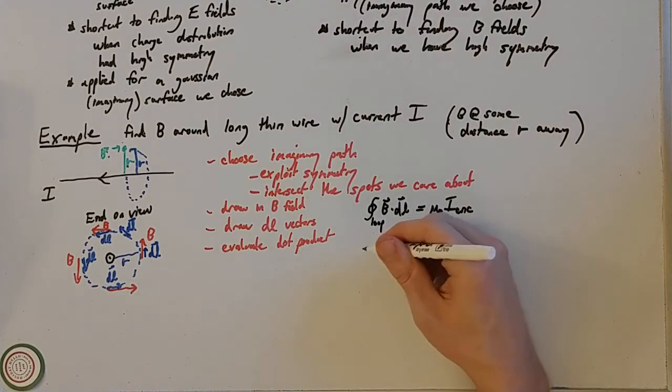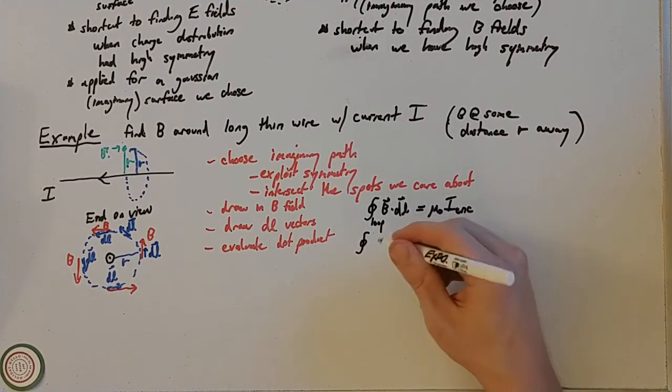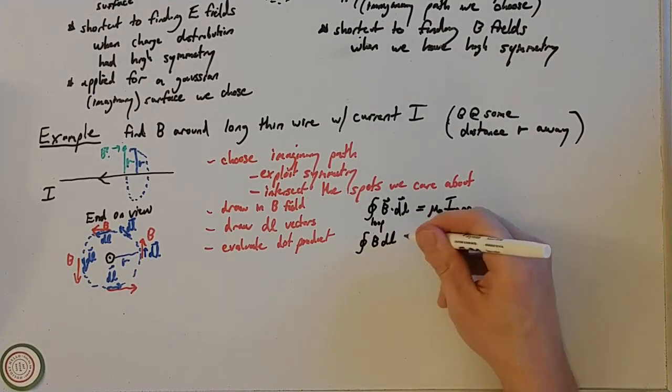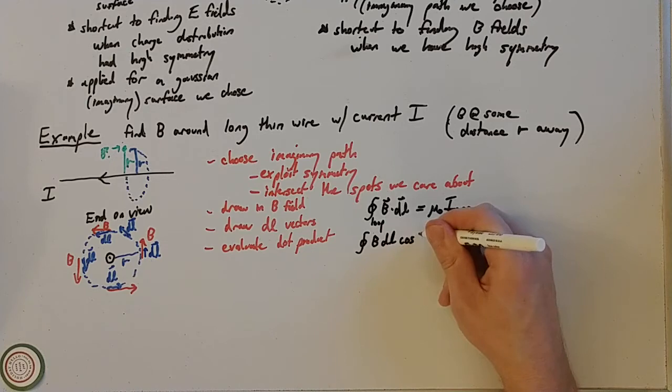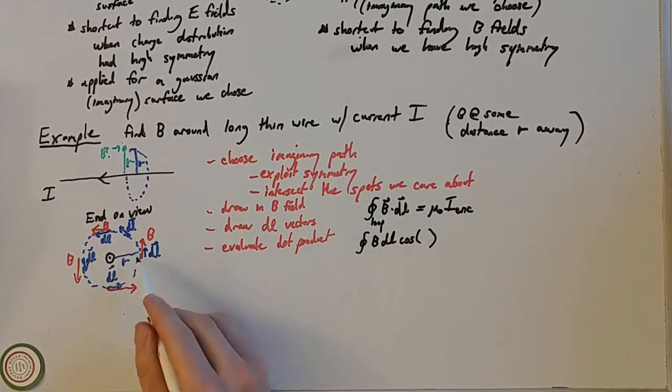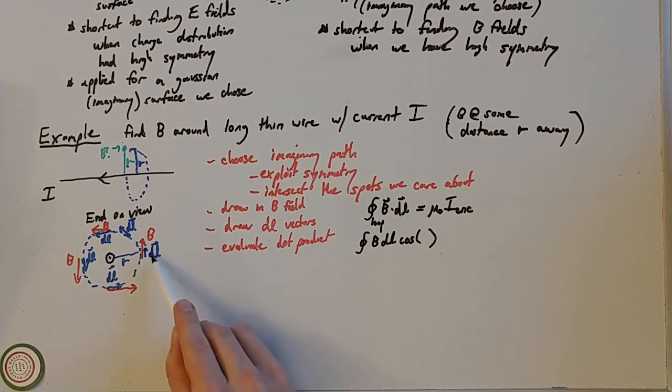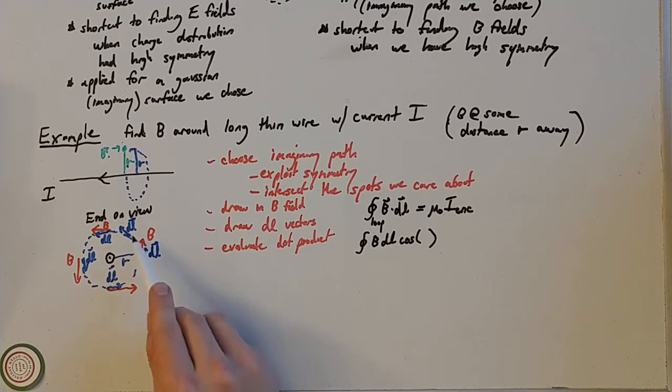Well, this says it's going to be the integral over this loop. What's a dot product? It's the magnitude of B times the magnitude of dl times the cosine of the angle between them. If I've chosen my path right, with nice symmetry, my B's and my dl's are always going the same direction.